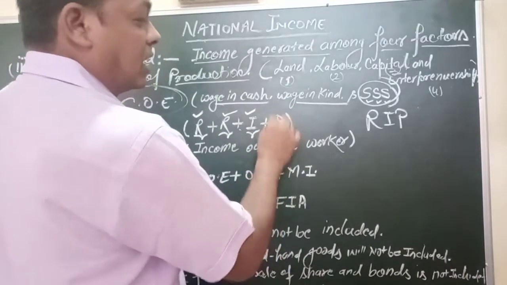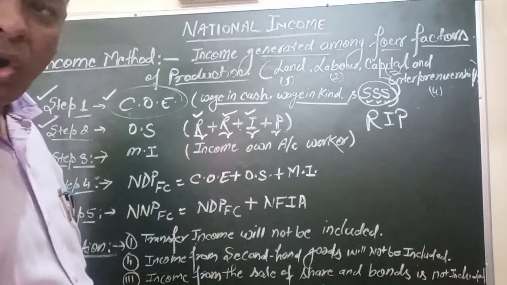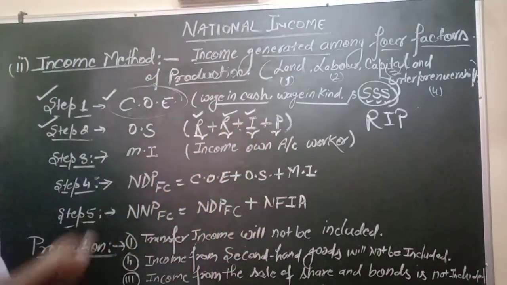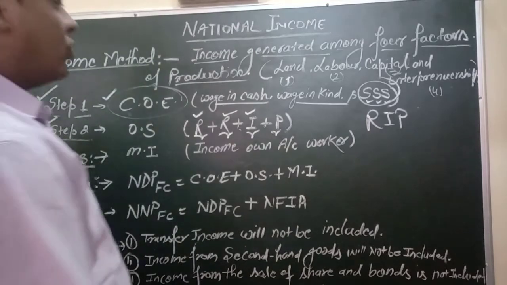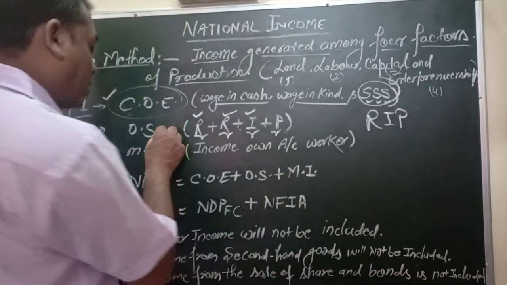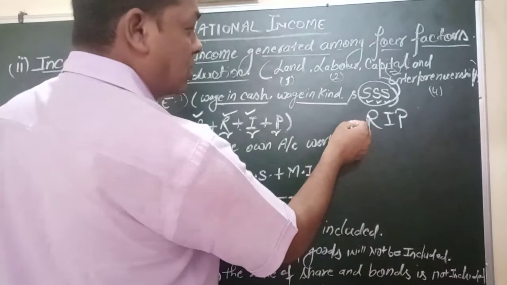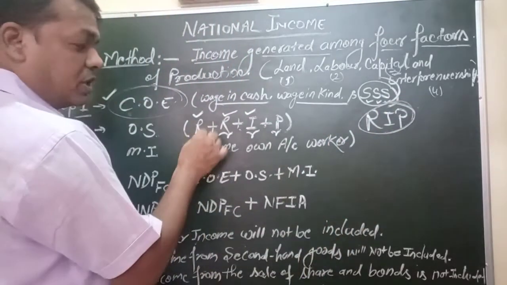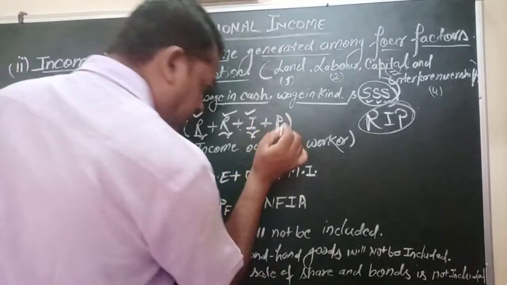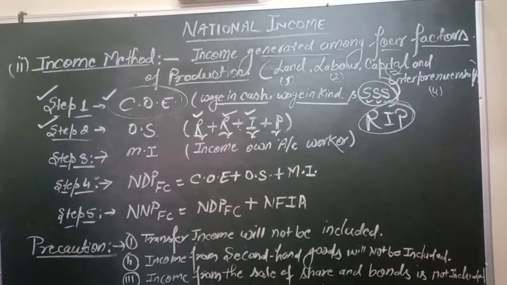Profit we get in the form of shares, dividends and so on. So step 2 is OS, the representative of RIP, the full form of rent, royalty, interest and profit.